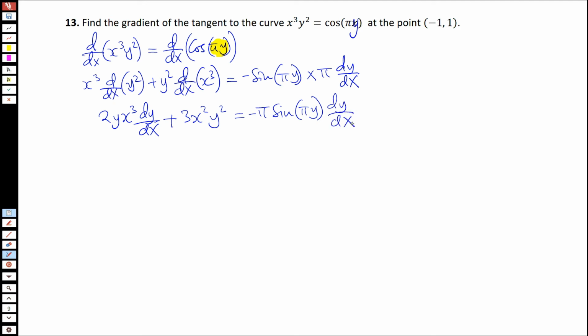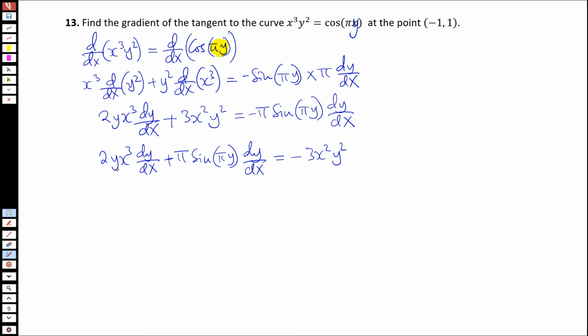So the next step is to bring the dy over dx terms to one side and the rest to the other side. So we can have 2y x cubed dy over dx plus pi sine pi y dy over dx being equal to negative 3x squared y squared.